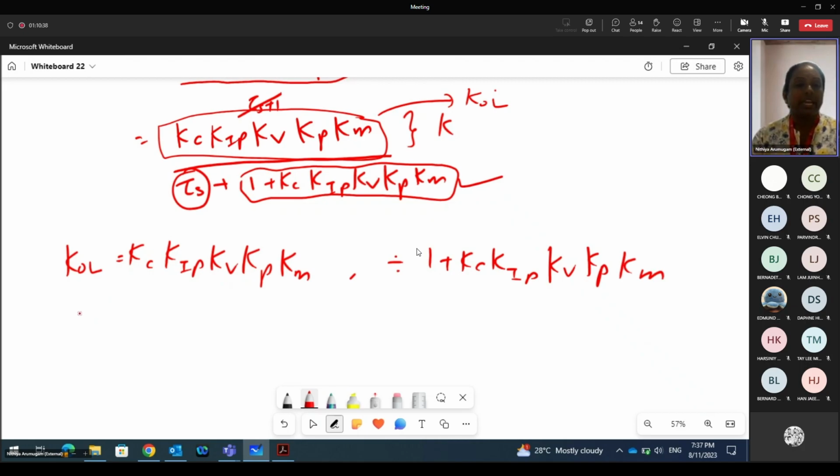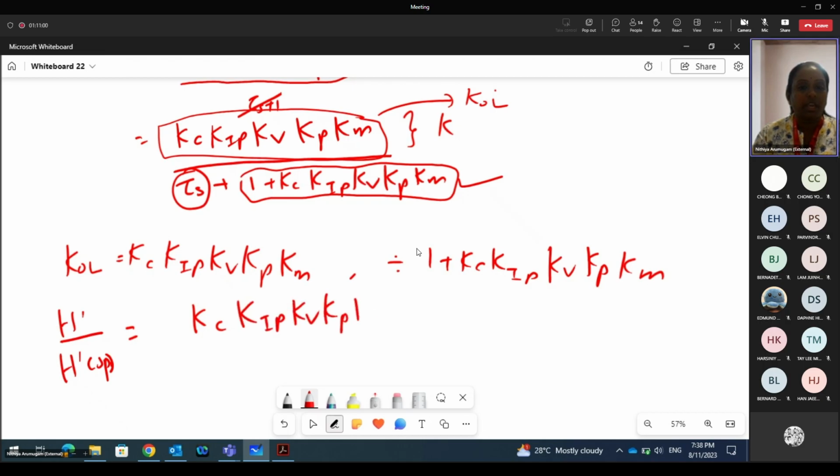So by dividing that, my current expression for H1 over H1SP will be KC, KIP, KV, KP, KM divided by 1 plus KC, KIP, KV, K process, and K transmitter.